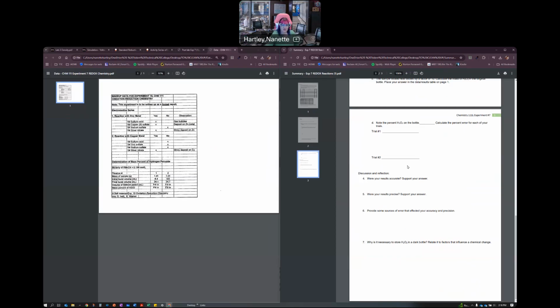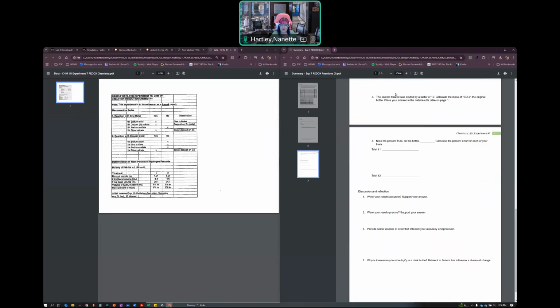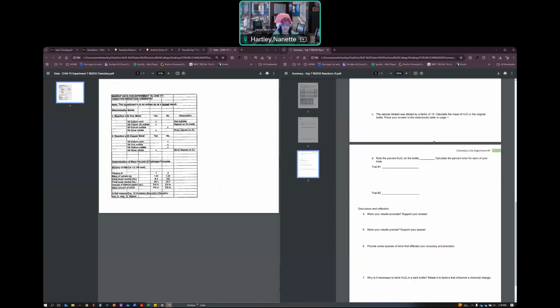I don't think that you actually need the percent of H2O2 on the bottle. Actually, you should be able to find this on any bottle of hydrogen peroxide that's around. If you can't find that, you should be able to Google a bottle of hydrogen peroxide just to look at what is the actual percentage on the bottle, and then calculate the percent error based on that.